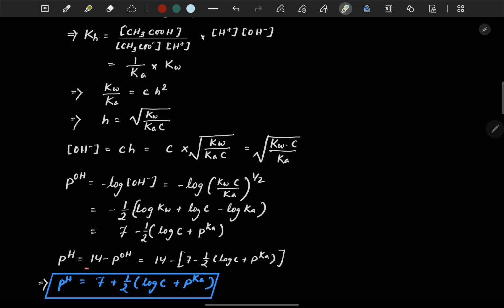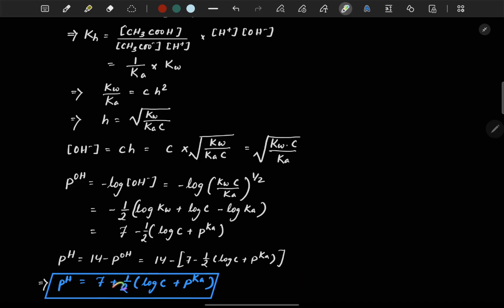So pH is equal to 14 minus pOH, and putting this value we can get this will be 7 plus half of log C plus pKa. So again here the pH is greater than 7 because it is weak acid and strong base. So we are getting a value 7 plus something, that is the pH is greater than 7, that is 7 plus something.